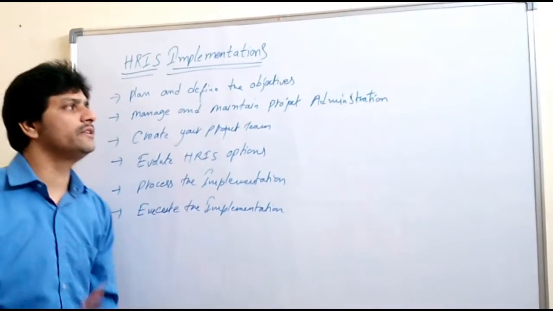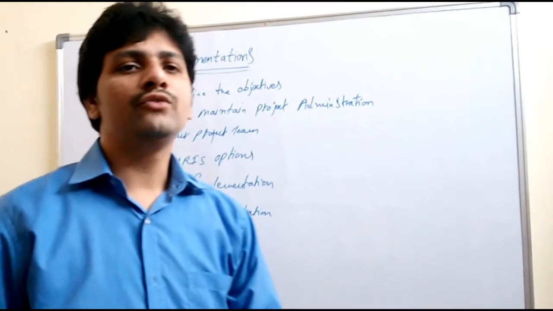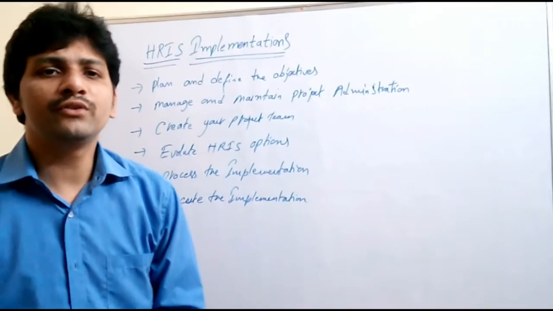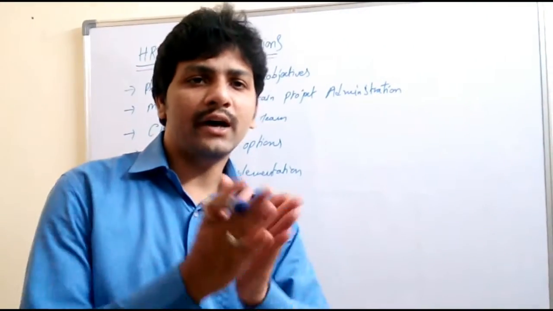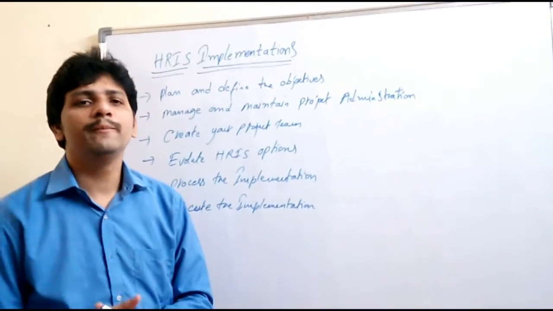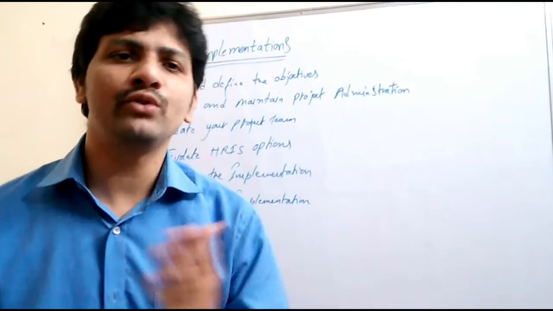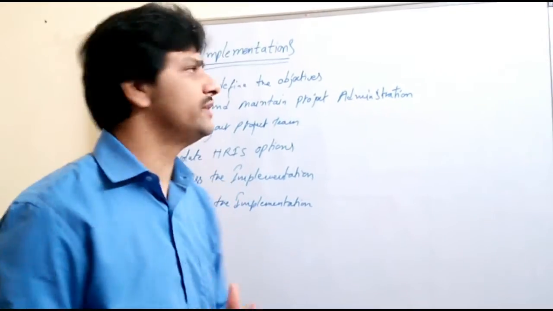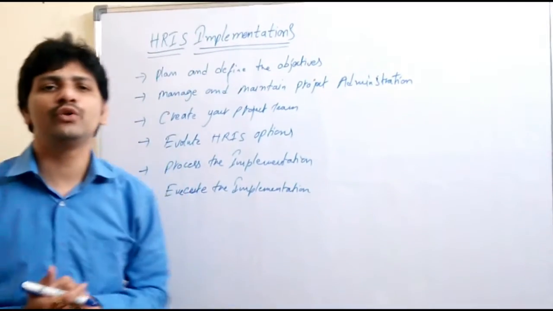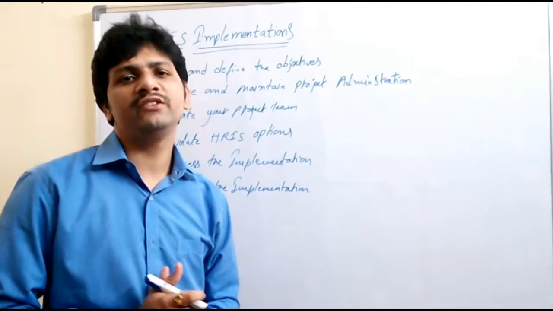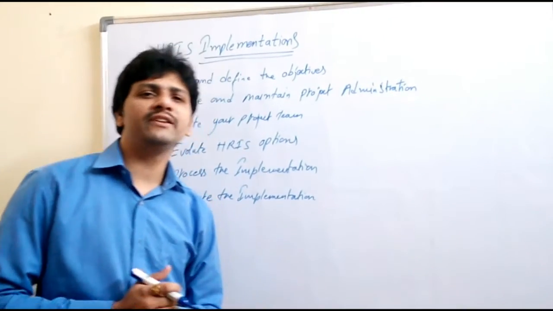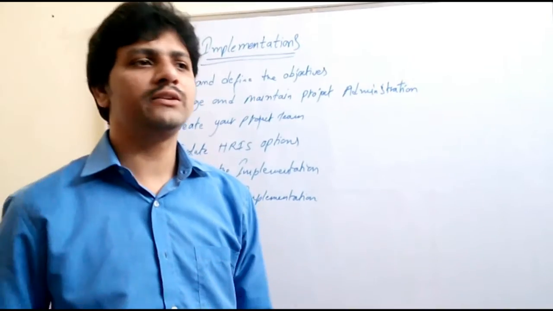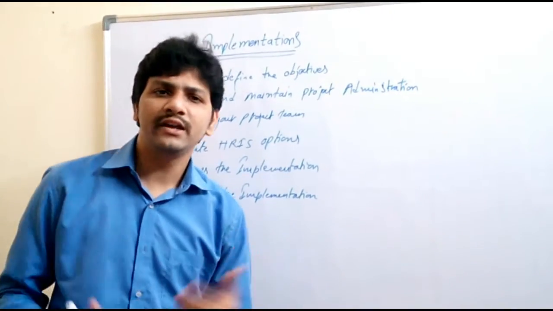Next is manage and maintain the project administration. Whenever they develop the project, there will be a hierarchy of three levels. The top-level management takes strategic decisions and assigns the work to the middle-level people, such as project leaders or team leaders.